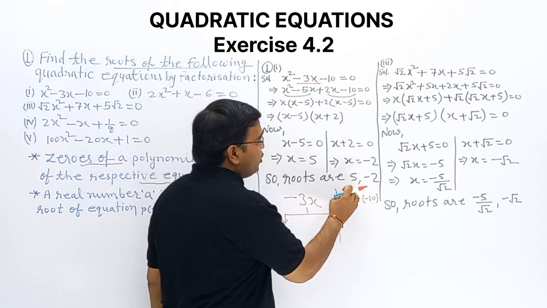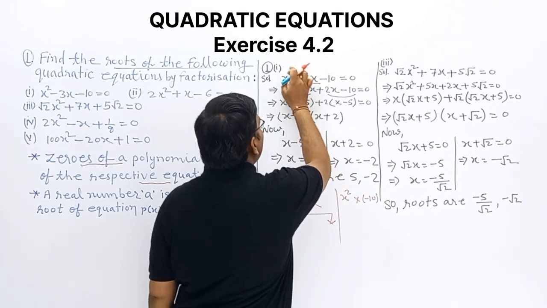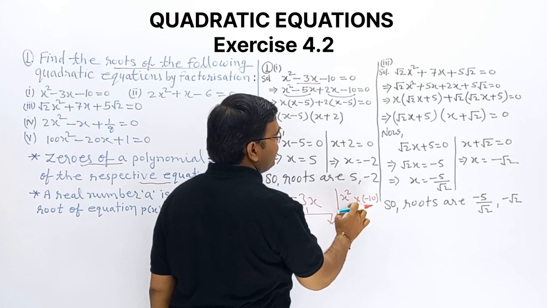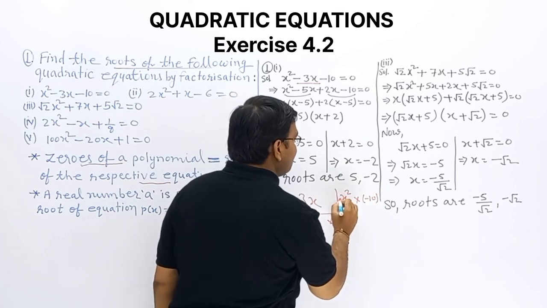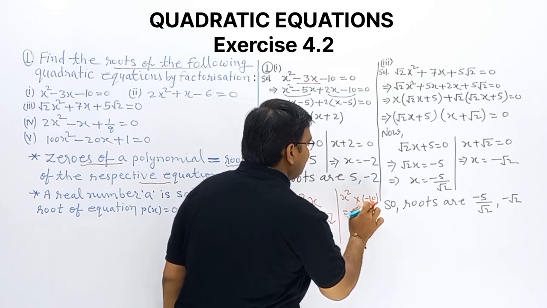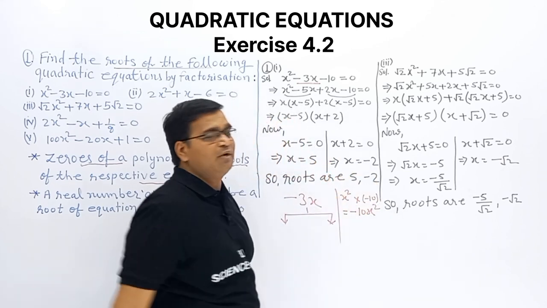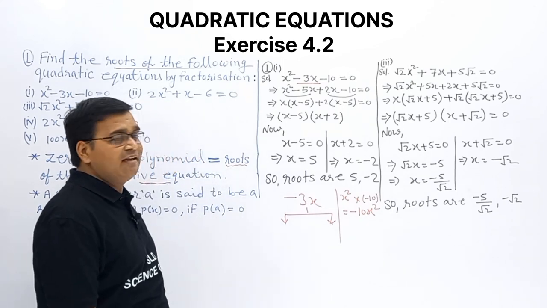The product of the x square term and the -10 constant term: plus into minus, minus 10 into x square will be -10x square. This is the product. Clear?